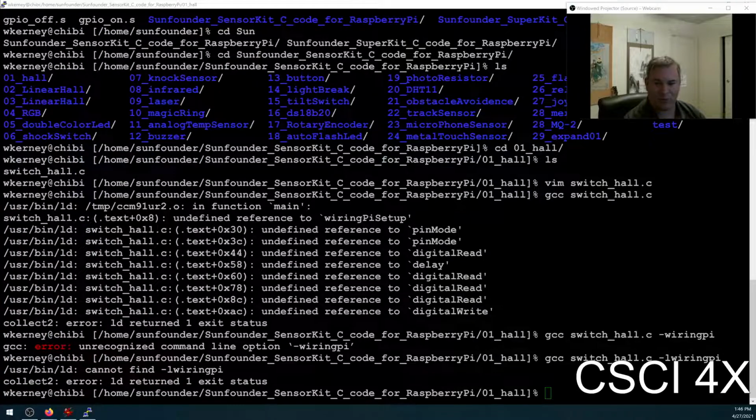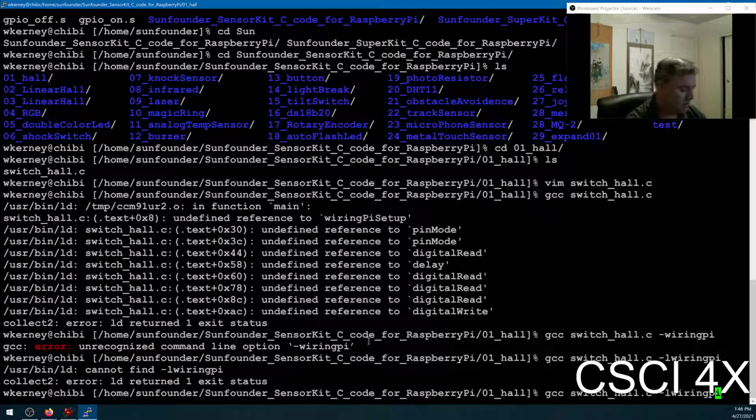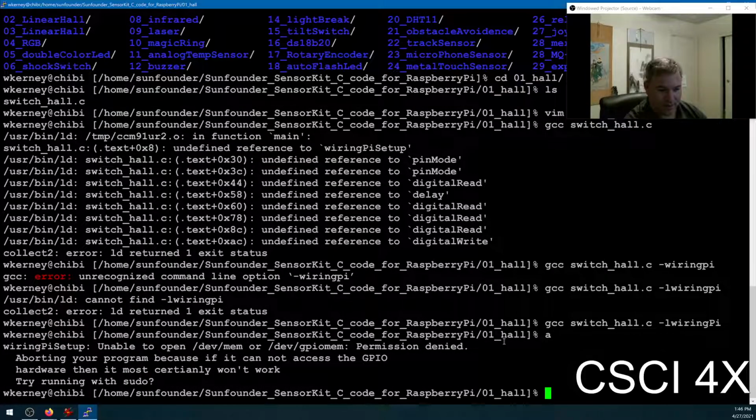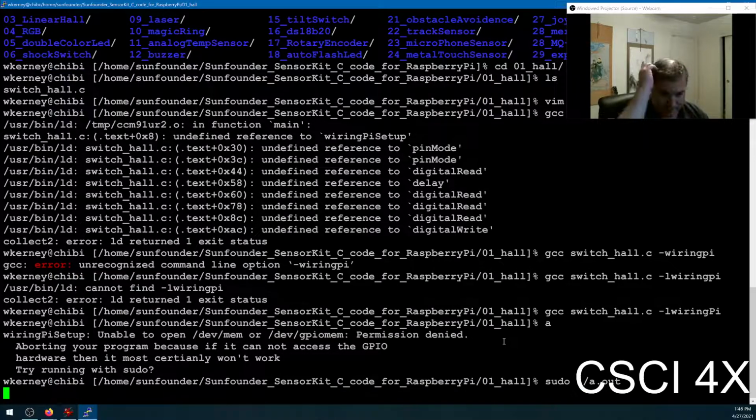Dash l wiringPi, capital P, Pi. There we go. Okay, so if we run it, cannot access the GPIO. Try running it with sudo. Yeah, sure. That's sudo.